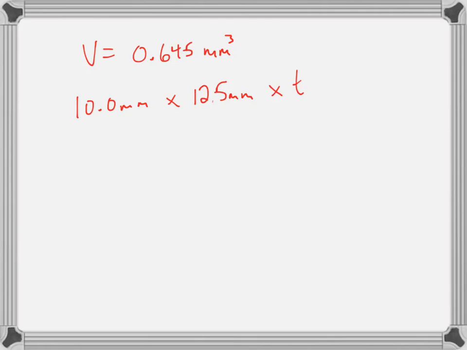So we have volume equals 0.645. We have to figure out one edge of a piece of foil, and we're given the volume.